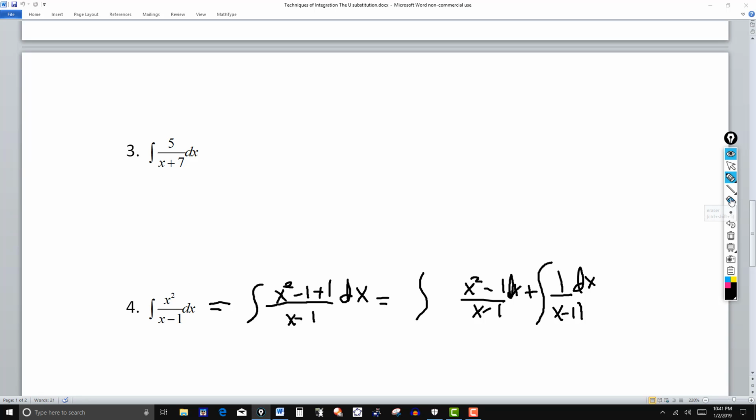Now let's simplify this. This is x squared minus 1, so I can write that as x minus 1 times x plus 1.